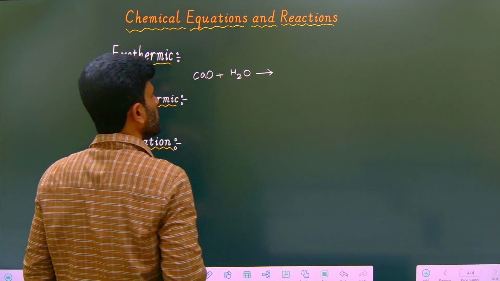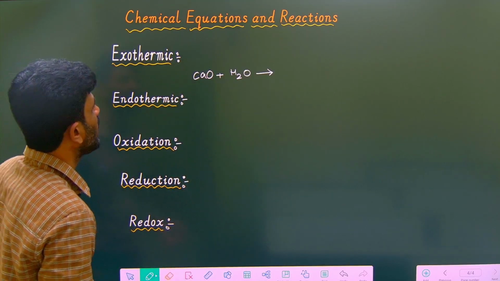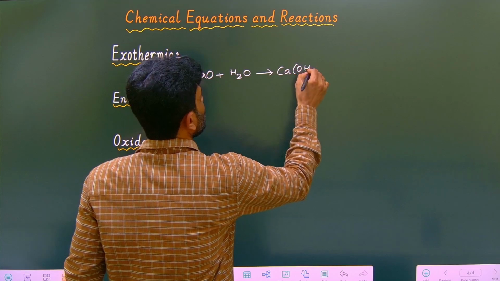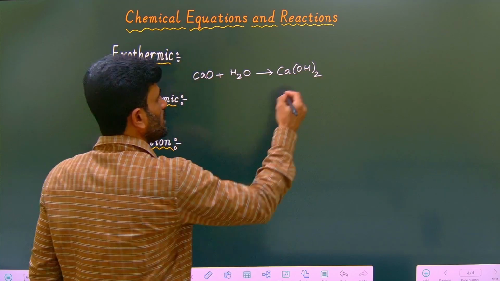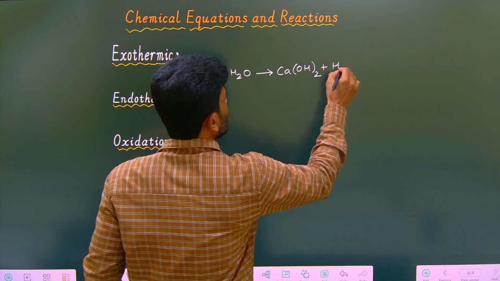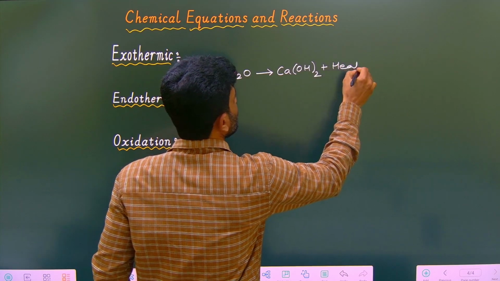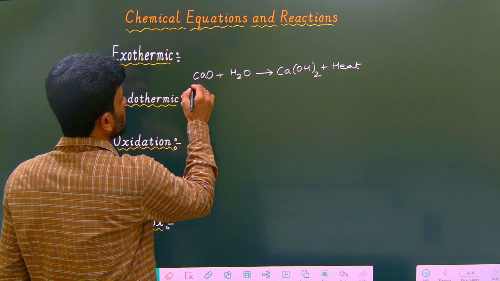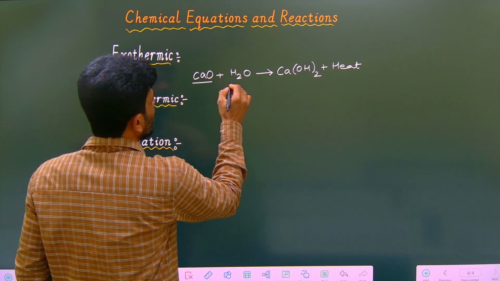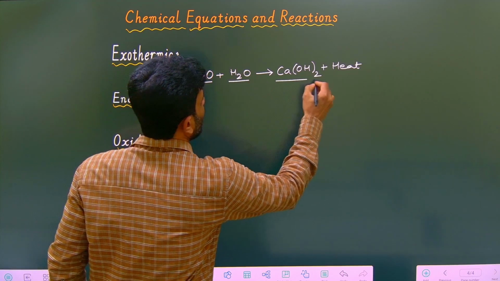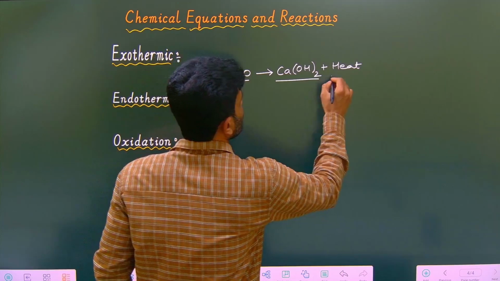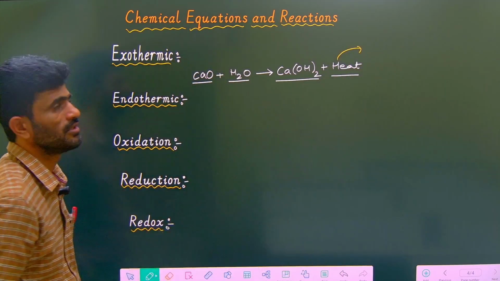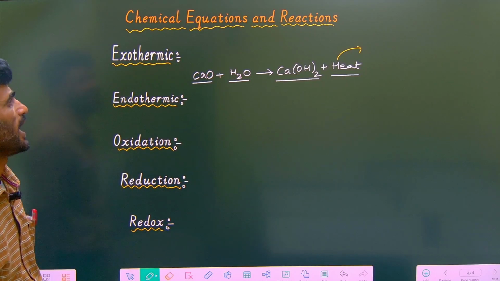It reacts vigorously with water, and it forms slaked lime, Ca(OH)2, calcium hydroxide, and heat will also be released. So heat is released, energy is released. Then the reaction is called an exothermic reaction.